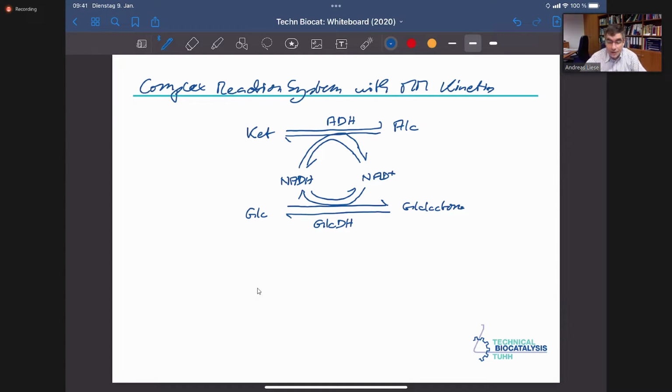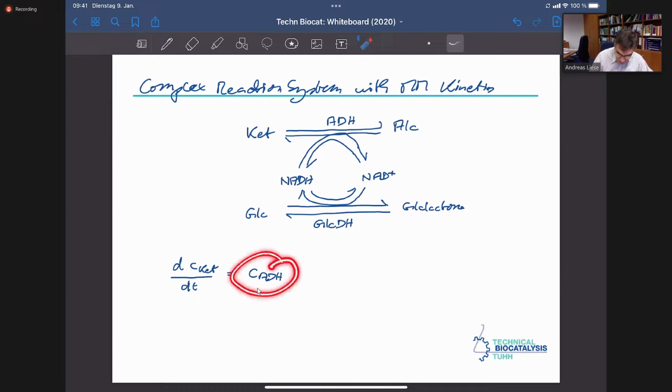And now the formulation would be the same approach like what we had before for the ketone. So we consider the concentration change of the ketone by time, which equals the concentration of ADH. And that is just the one-time concentration that's in the whole batch.